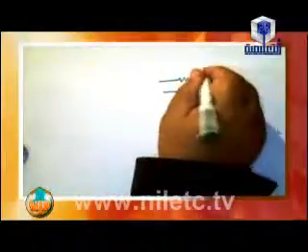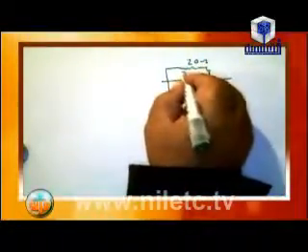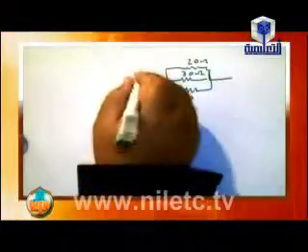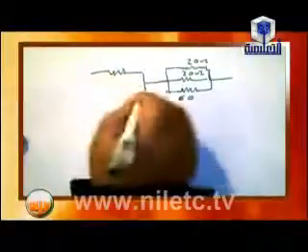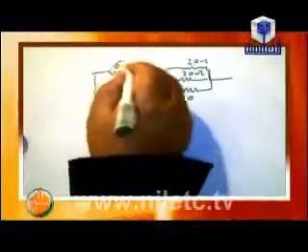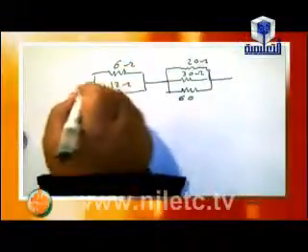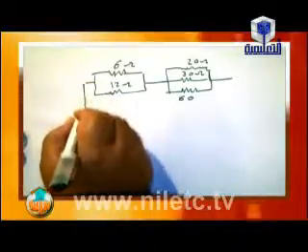We have three resistors in parallel: 20 ohm, 30 ohm and 60 ohm, connected to two parallel resistances, 6 ohm and 12 ohm, and they are connected to a battery.